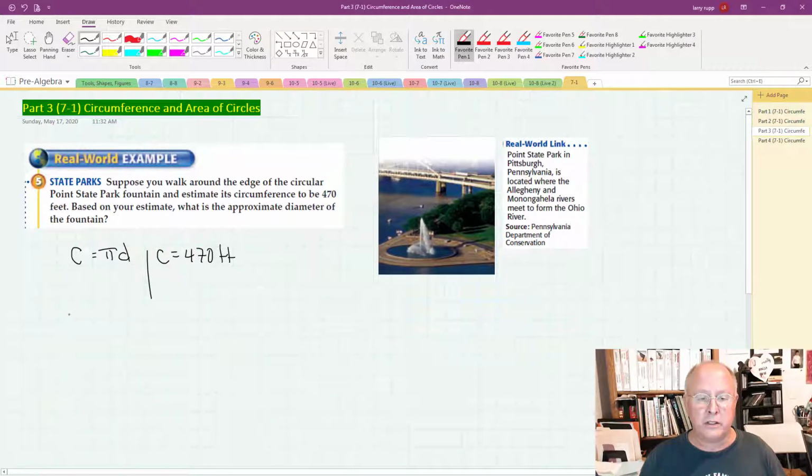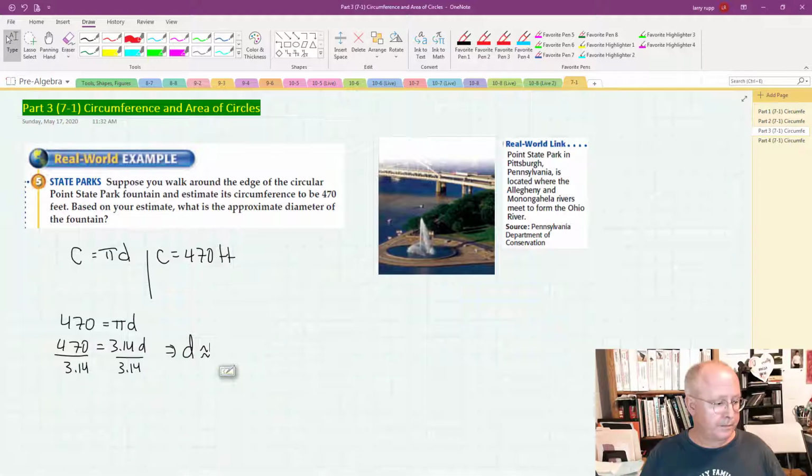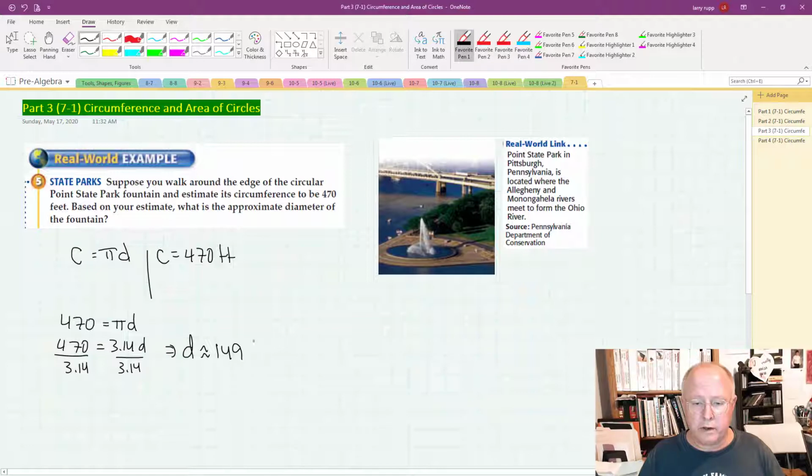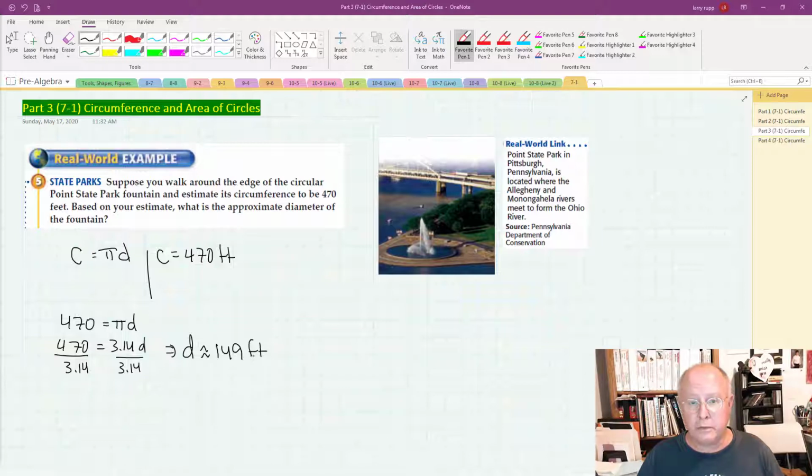We know what c is, so let's just drop that into this equation. 470 is equal to pi times d. All right, we know we want to find d, and pi is 3.14. Okay, so we divide both sides by 3.14. Okay, and that gives us d is approximately equal to 149 feet. Okay, well, that's one way.